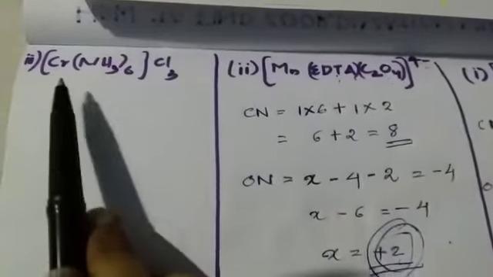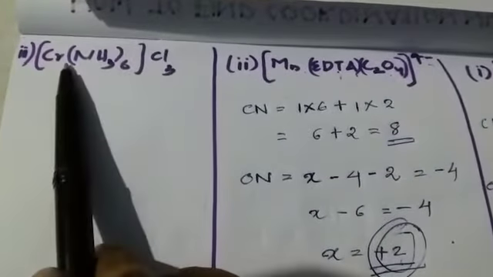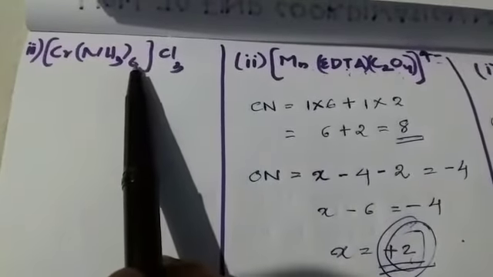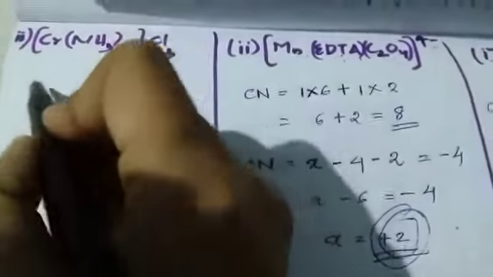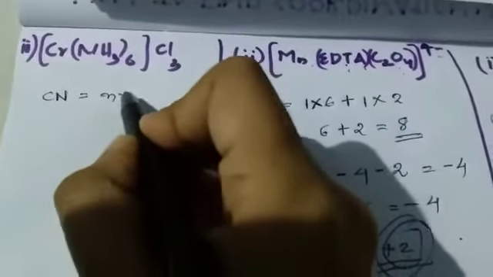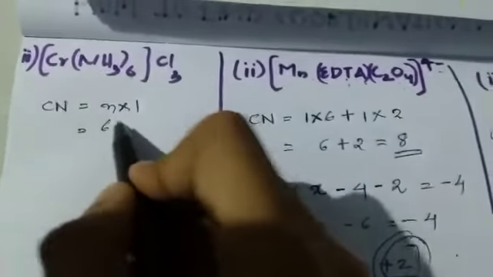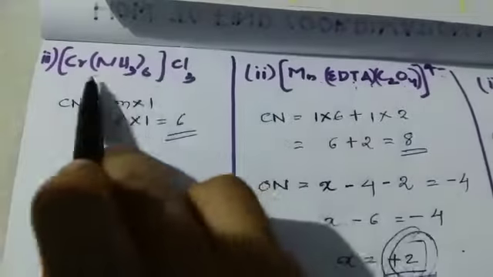So the next question is [Cr(NH3)6]Cl3. We have to look at the ligand in the coordination sphere. It is NH3, a monodentate ligand. So for a monodentate ligand, the coordination number is equal to n into 1. The number of ligands is 6, 6 into 1, which is equal to 6. So 6 is the coordination number.